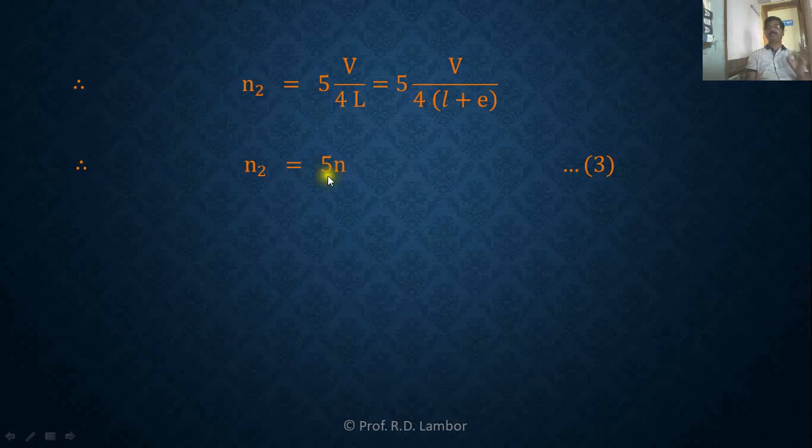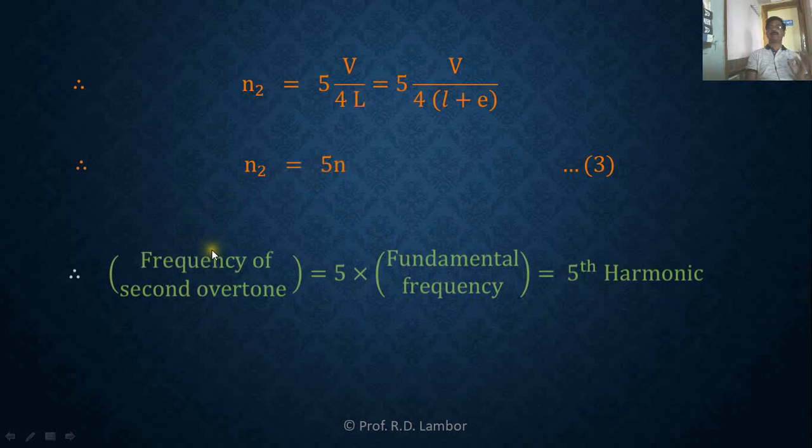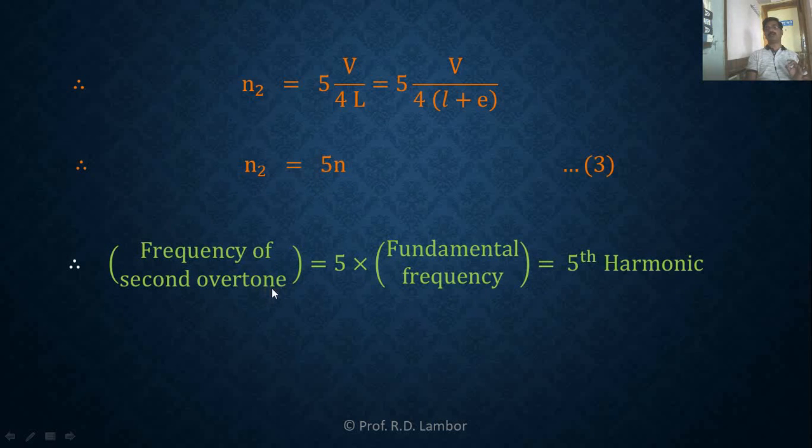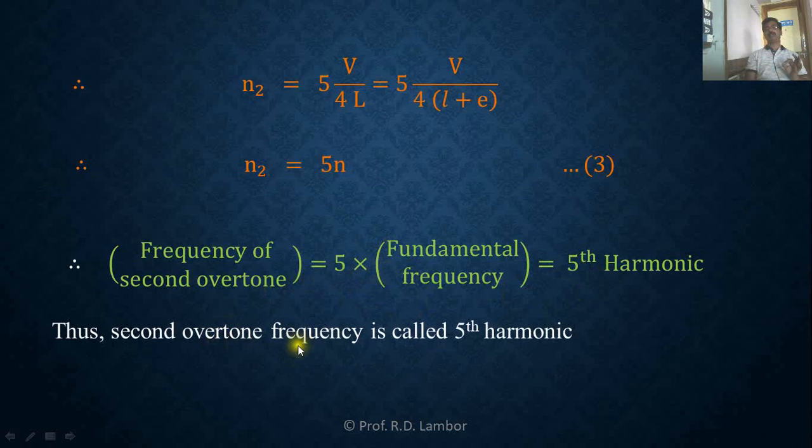And this is the fifth multiple of the fundamental frequency, called the fifth harmonic. So the frequency of the second overtone is equal to 5 times the fundamental frequency, which is nothing but the fifth harmonic. Thus, the second overtone frequency is also called the fifth harmonic.